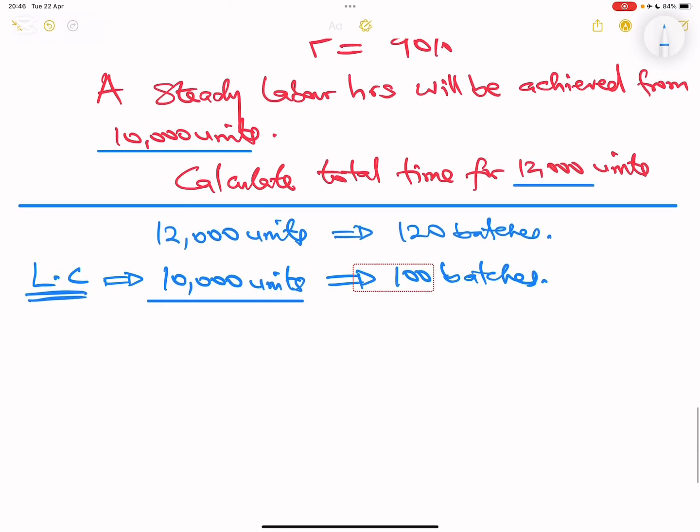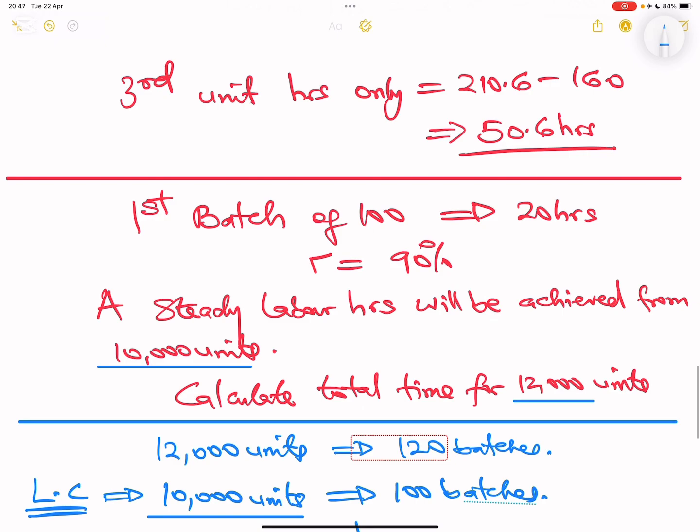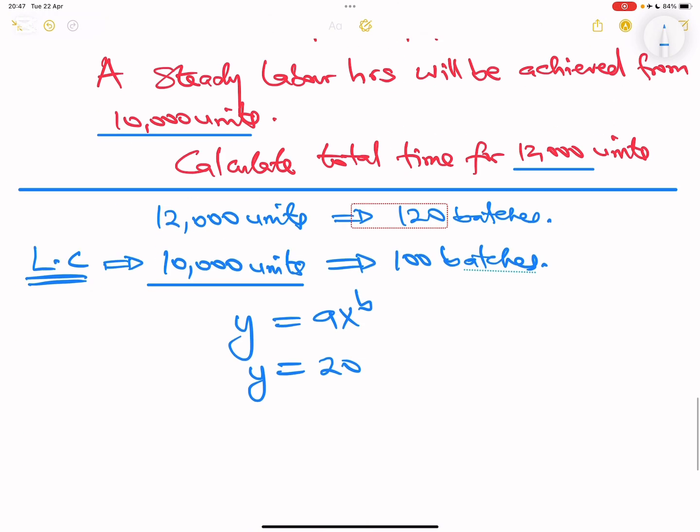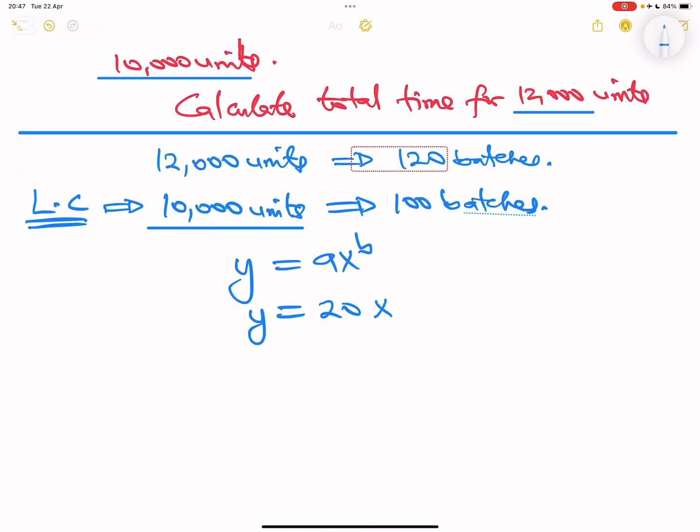So let's start with the average time per batch in this 100 batches. If we were to produce 100 batches, what would be the average time to produce one batch? We use the same formula, y equals ax raised to power b. Y is what we want to calculate, and that equals A, the 20 hours it takes to produce the first batch, multiplied by x, the total number of batches, which is 100.